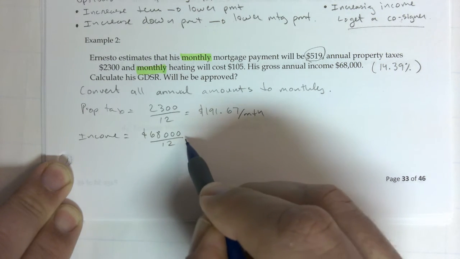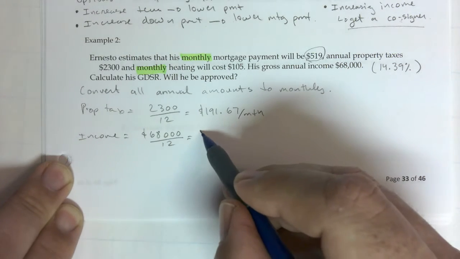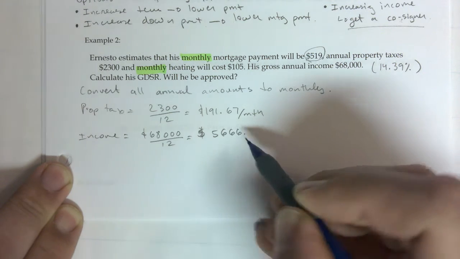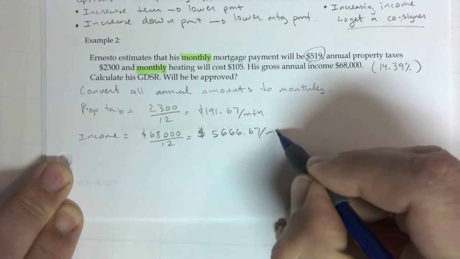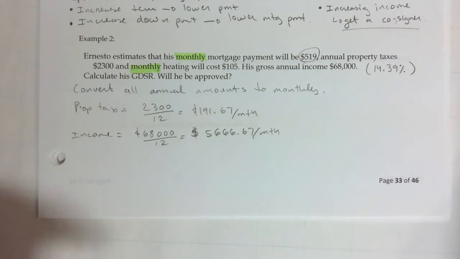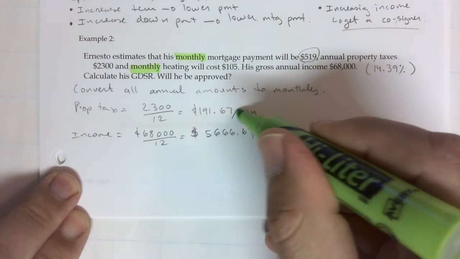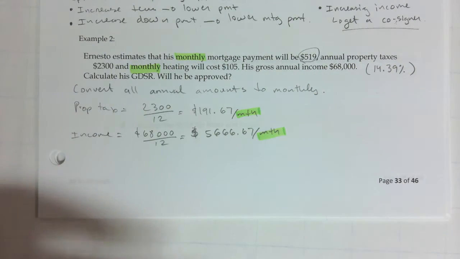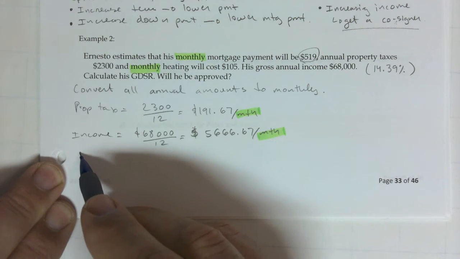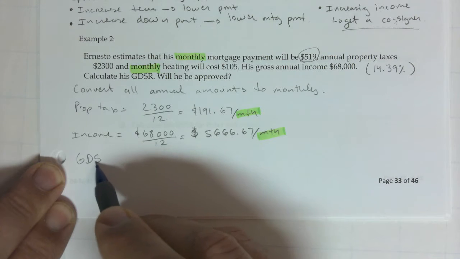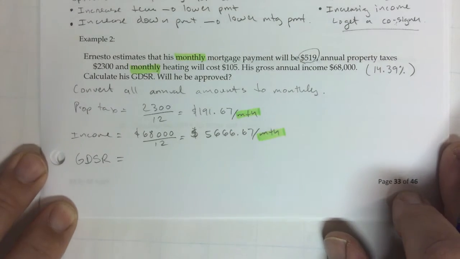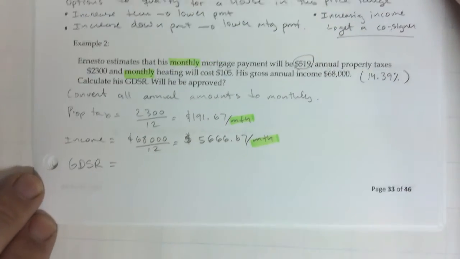We're going to divide that by 12 also, and we get 5,666.67 per month. Okay, so we have all of those things converted to monthly amounts, right? And the formula, as I already told you, is as follows, but I don't have enough room to write it out again. But let's just go up one more time here. Some of you might need a reminder.